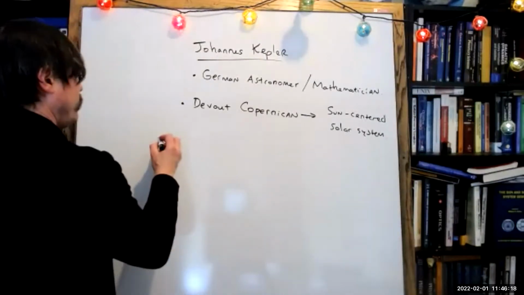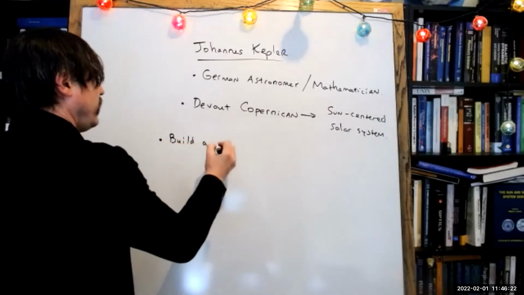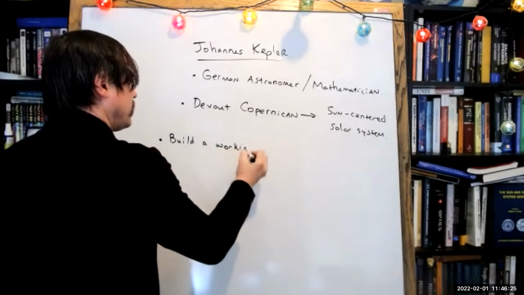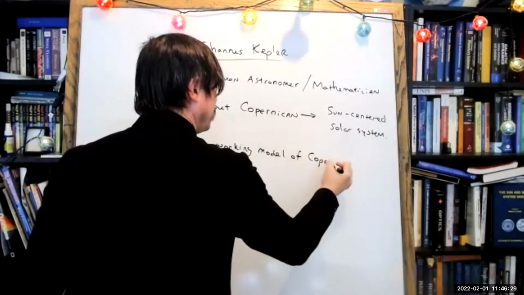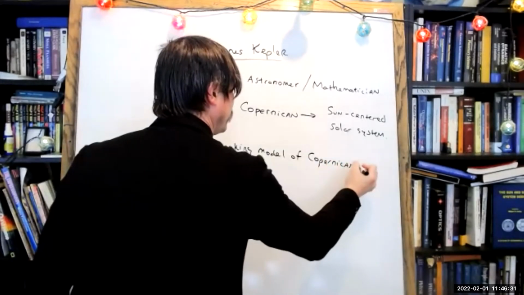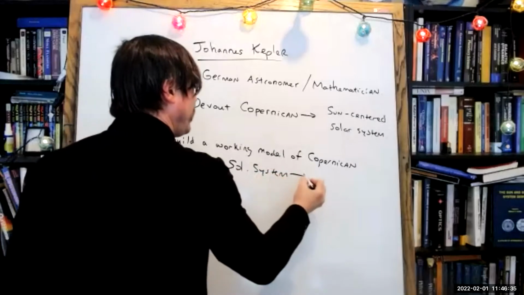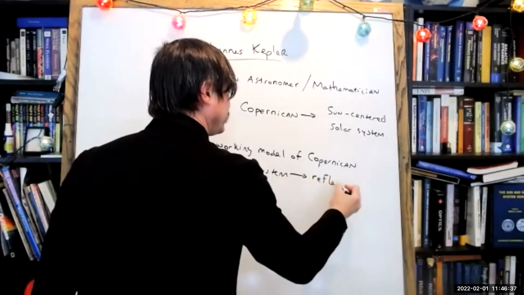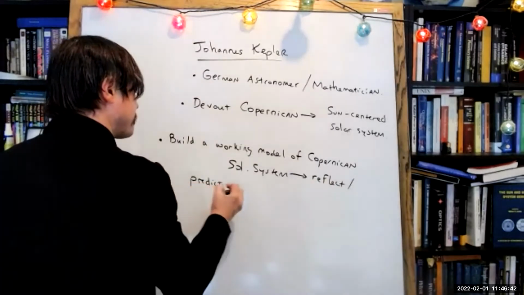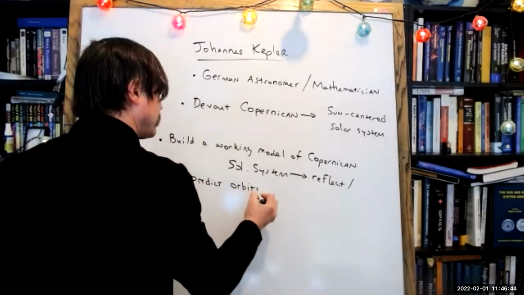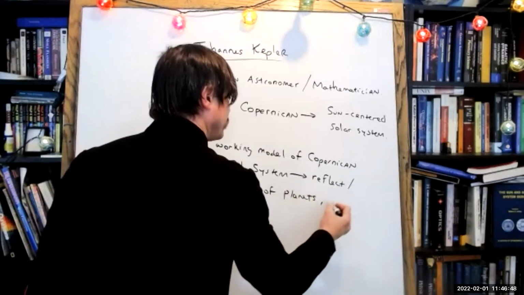And his idea was he wanted to sort of build a working model of the Copernican solar system, one that would be able to sort of reflect slash predict the orbits of planets, moons, and stars.